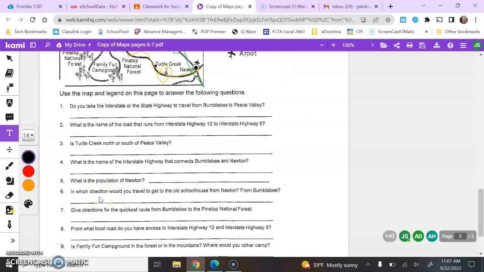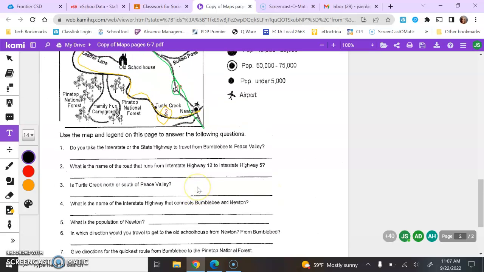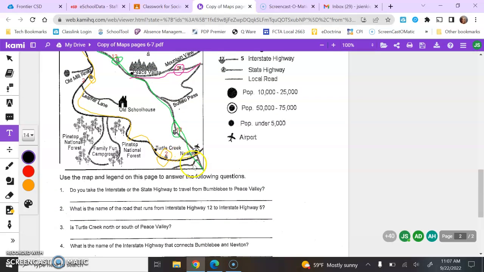Number 6, in which direction would you travel to get to the old schoolhouse from Newton and then from Bumblebee? So if you're at Newton, how are you going to get to the old schoolhouse? What direction? North, south, east, or west? But you can use the intermediate directions too that we heard about in the maps 1 and 2.